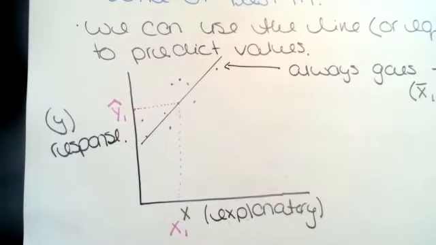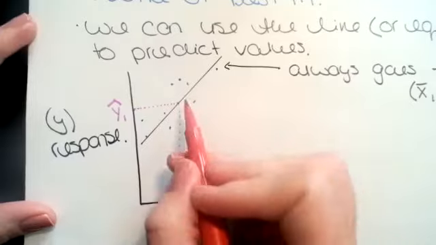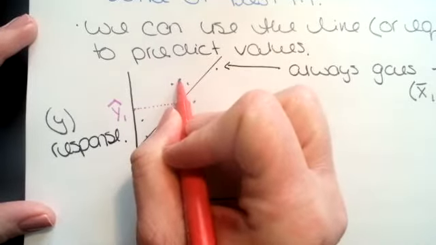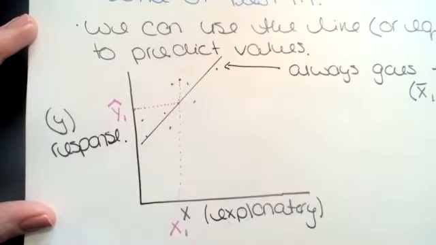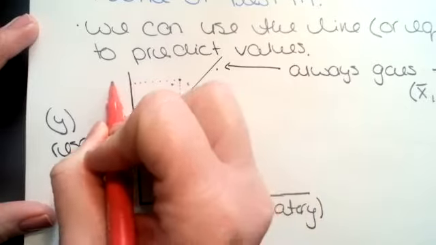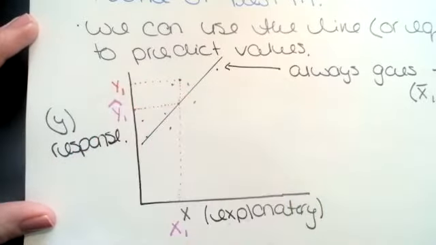We'll pretend that was there at a time. So for that x, I have an actual value, right? And that's this distance right here. And that's my actual y1 value.